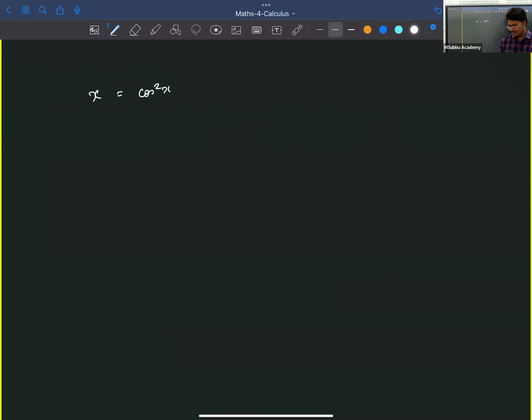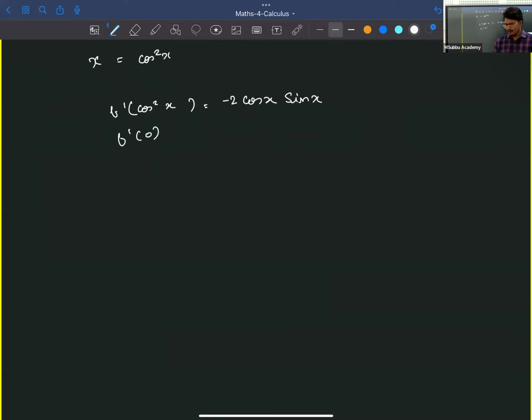So differentiation of cos square x will become 2 cos x into the derivative of cos x, which is minus sin x. Now when you substitute f dash of 0, you will get 0. That is not a problem. When you go for the double derivative of cos square x, what you get is the differentiation of this term.